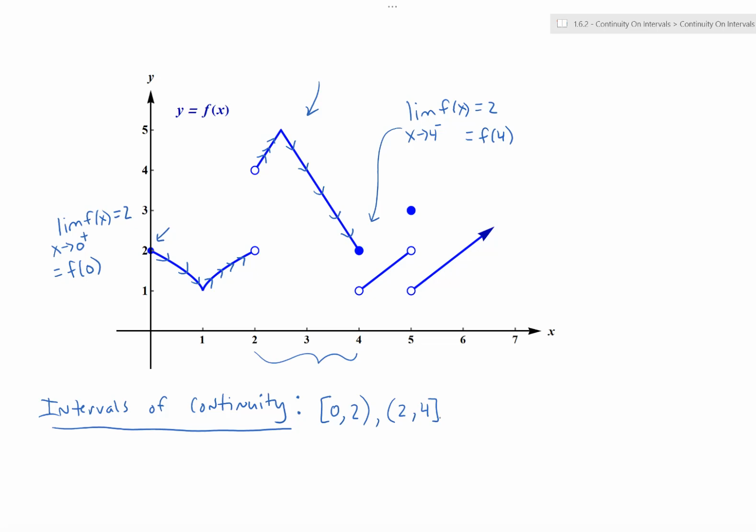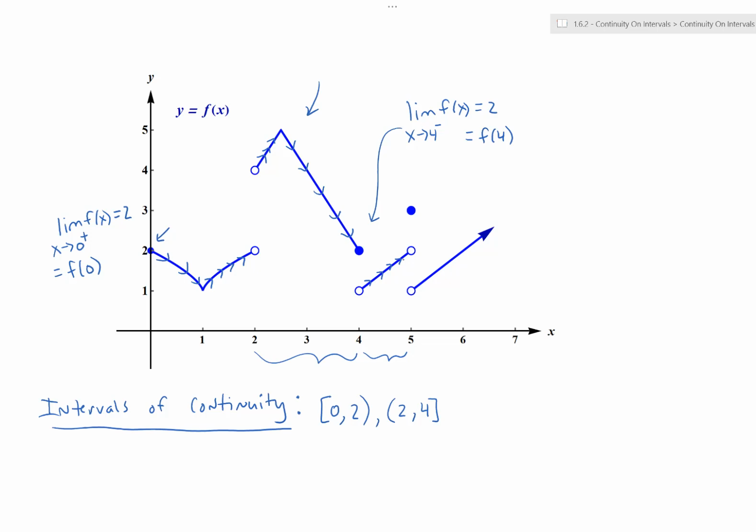We got two more little pieces here to look at. Say from 4 to 5, well, that's this little piece as we move along. We don't have continuity from the right at 4 because the function is not going to be equal to its output value at 4 from the right.